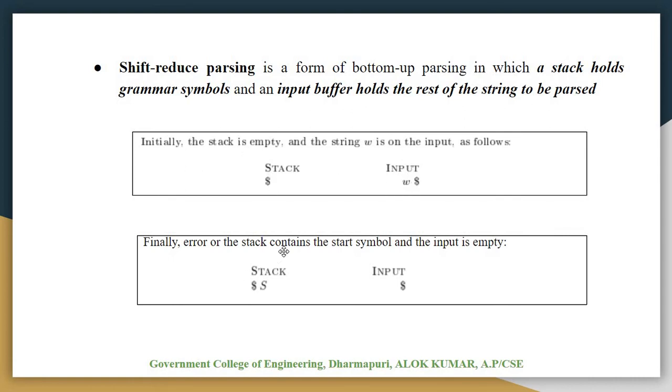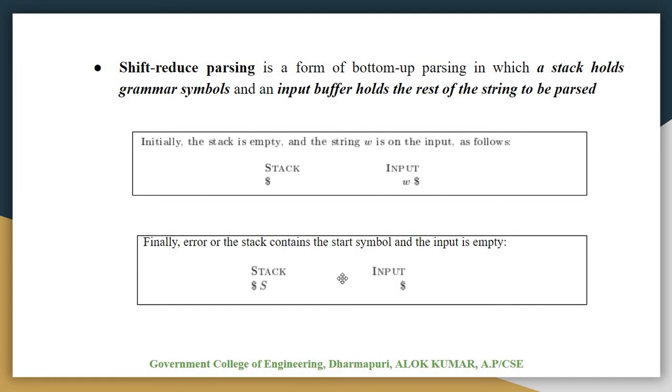Based on the input, we check whether we can construct a rightmost derivation tree or not, whether the string can be accepted by the grammar or not. So how will we check? At last, if this situation comes, with dollar and the starting symbol on the stack, and the input is dollar, meaning empty, we have scanned the full input from left to right.